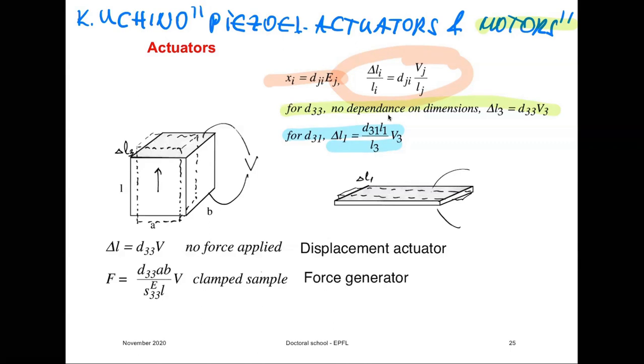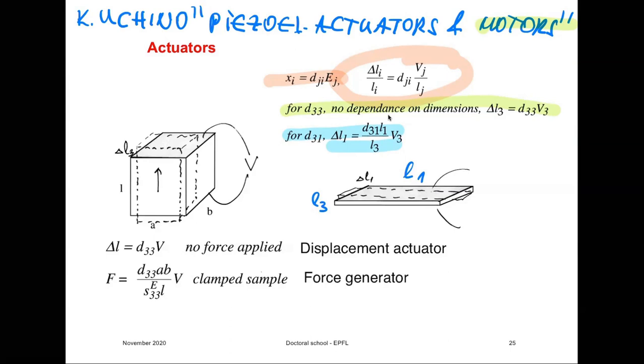So in this figure here, the thickness is L3 and L1 is the length. So if you take very long actuators and you look at the D31 effect, you will have a large effect.